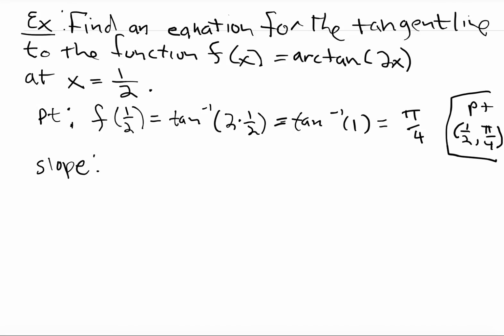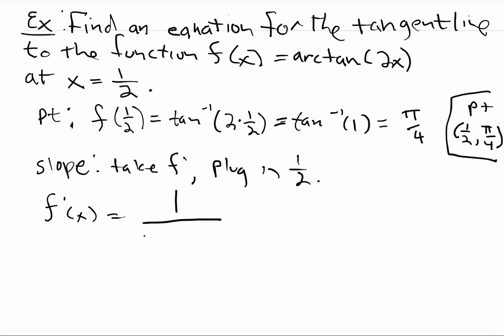Okay, so we have that bit of information there. Now for my slope, we basically want to take my f prime and then plug in a half. Okay, we'll go ahead and do this here. My f prime of x, if you're starting out with the tangent inverse function, your derivative of tangent inverse of something is 1 over 1 plus, if you refer to the table, something squared.